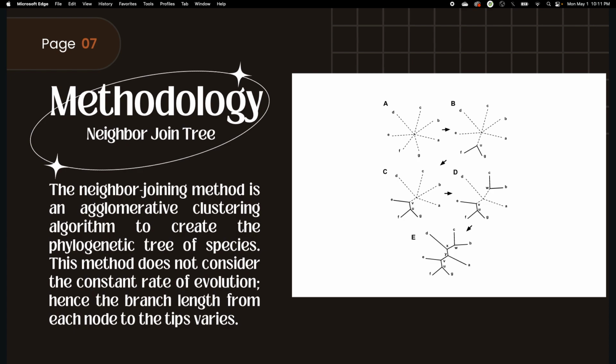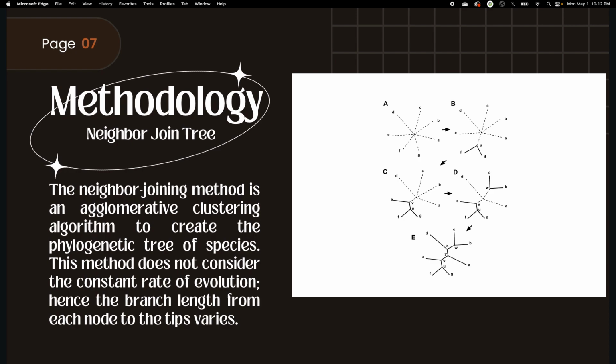Neighbor joining is basically an agglomerative clustering algorithm which is used to construct the phylogenetic tree of species. The main focus of this method is that it does not assume a constant rate of evolution of the species. That means that over time species can have variable growth rates.